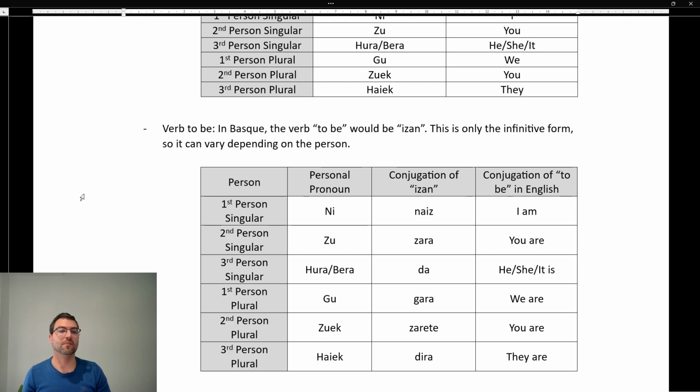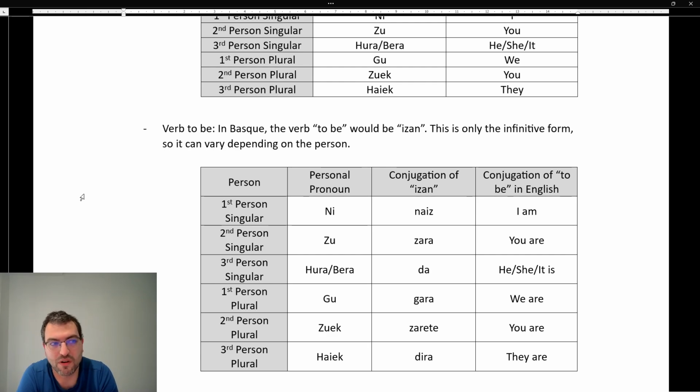That's the verb. Remember also that normally the verbs in Basque are always at the end of the phrase. We'll make some phrases later, but it's important to remember. It's like in Japanese, where you have the verb at the end, so the sentence structure will be quite like in Japanese.